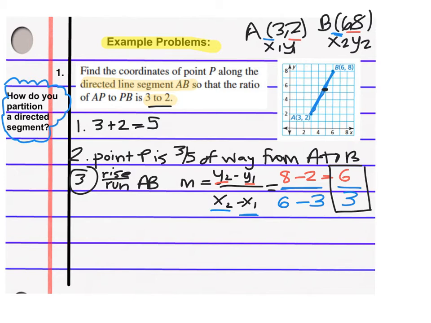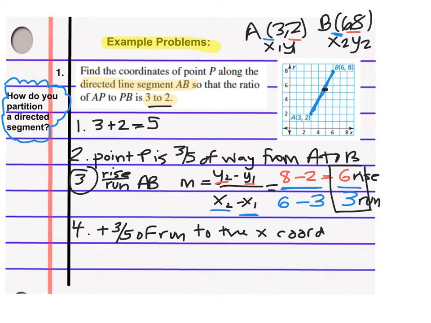Then to find the coordinates of P, I need to find 3/5 of the run and add it to the x coordinate. Just to remind you, 6 is my rise and 3 is my run. So I need to add 3/5 of the run.